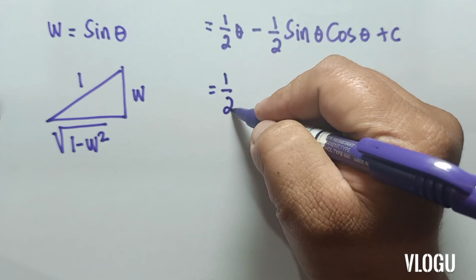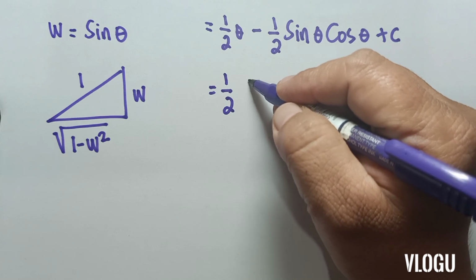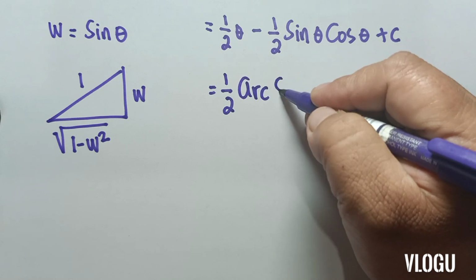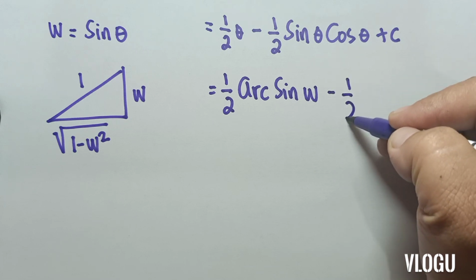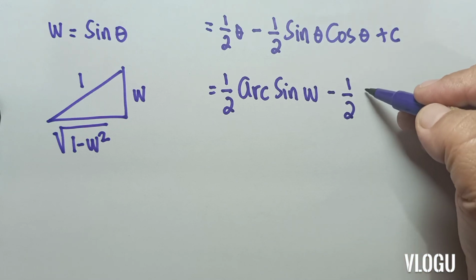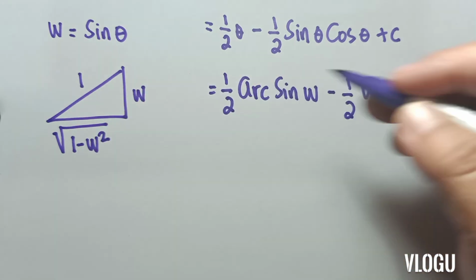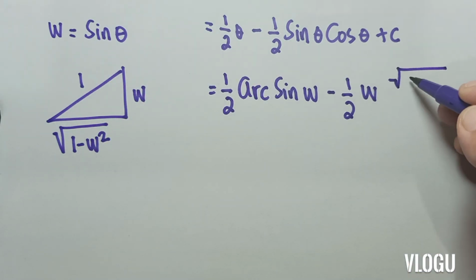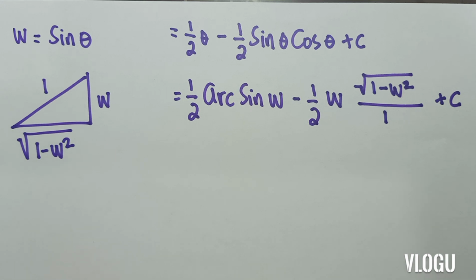Theta is equivalent to arc sine w, so we have 1/2 arc sine w minus 1/2 sine theta, that is w, times cosine theta, that is the square root of 1 minus w square over 1. So, we are going to continue this solution.